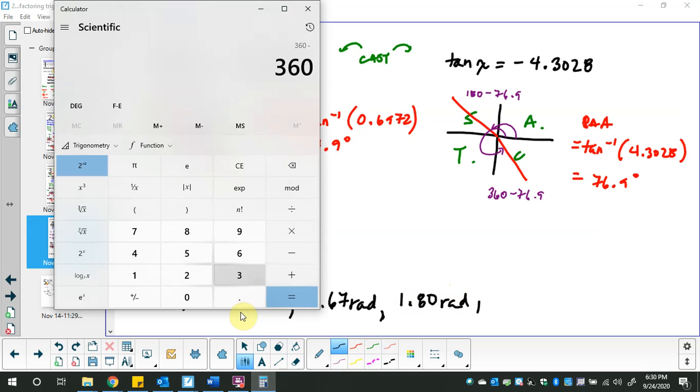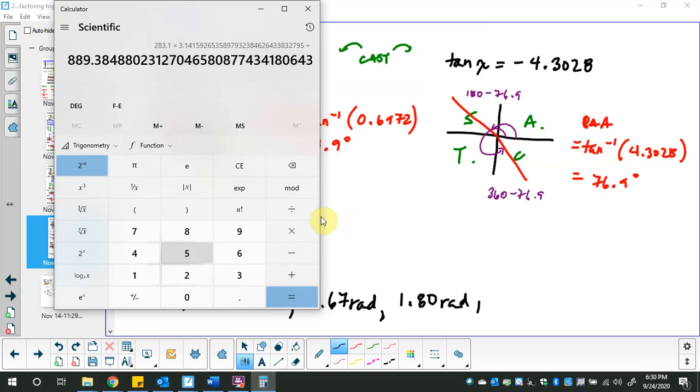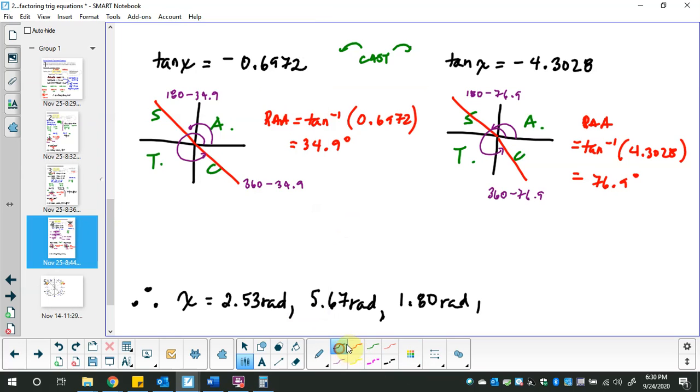And then finally, final calculation for this one. 360 minus 76.9 equals that many degrees, which I don't care about, times pi divided by 180 equals 4.94 radians. And we have our answer.